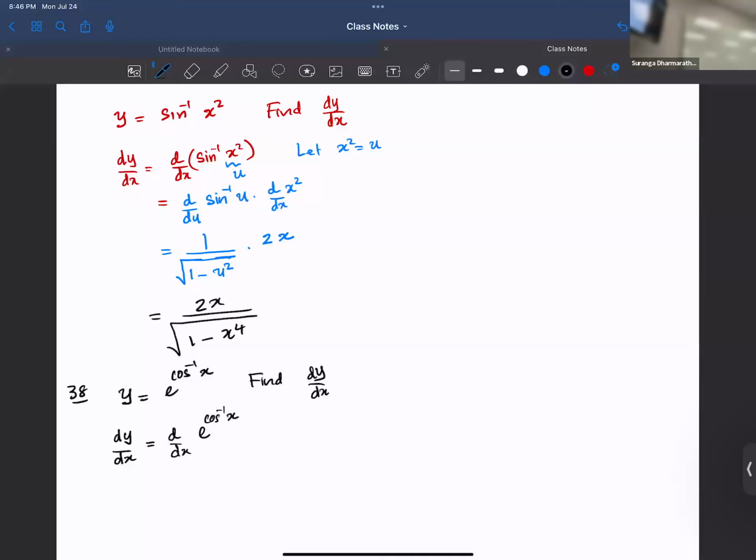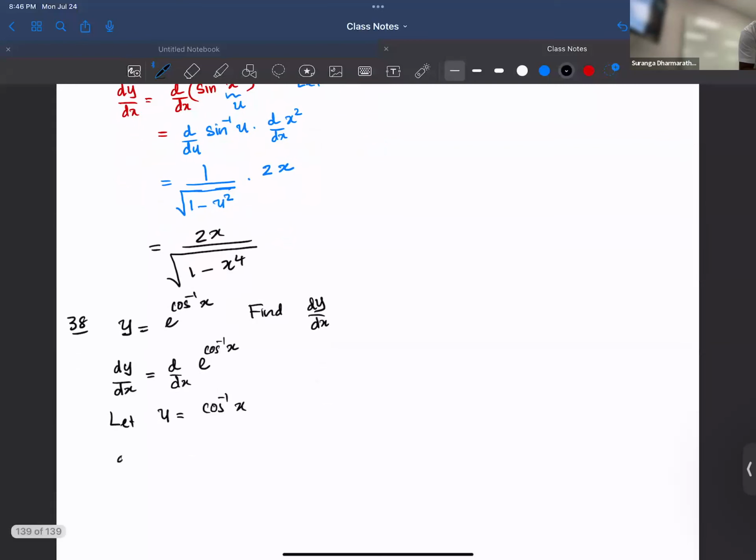So what is your function? How do you define your u function? Cosine inverse x, right? Very good. So you take, let u equals cosine inverse x.